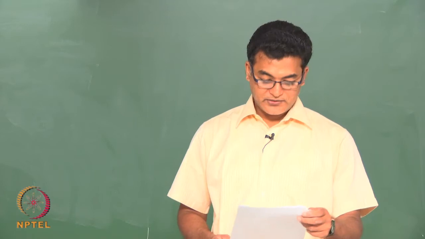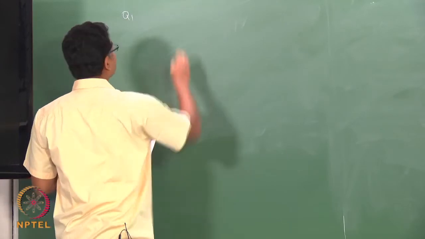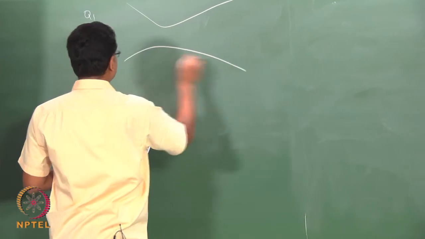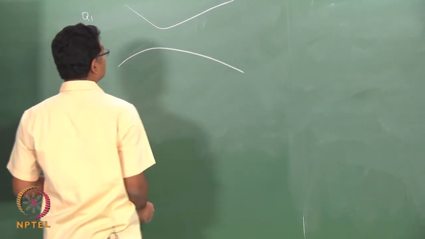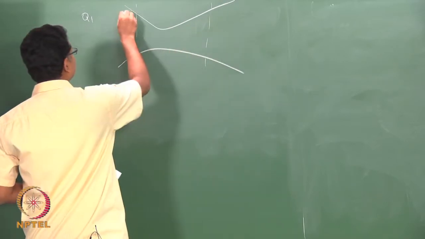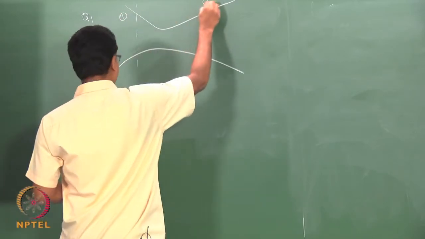So, we will do a few more problems related to CD nozzle. Question 1: I have a CD nozzle with two sections, section 1 and section 2.